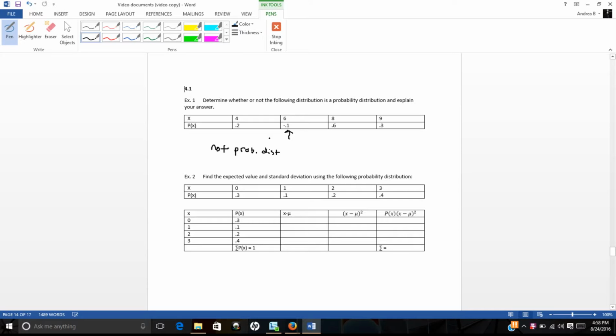If they were all between 0 and 1, and they add up to 1, then it would be a probability distribution. But since we have a negative 0.1 there, even though if you add up those probabilities, the 0.2 plus the negative 0.1 plus 0.6 plus 0.3, you will get 1, the reason why it's not a probability distribution is because you have a negative 0.1 for a probability, and you can't have negative.